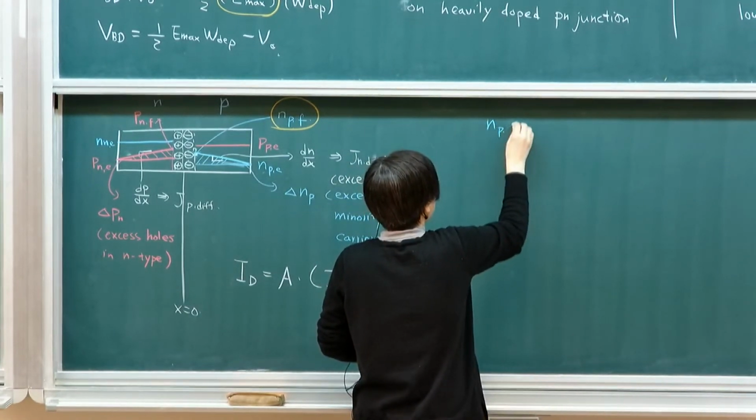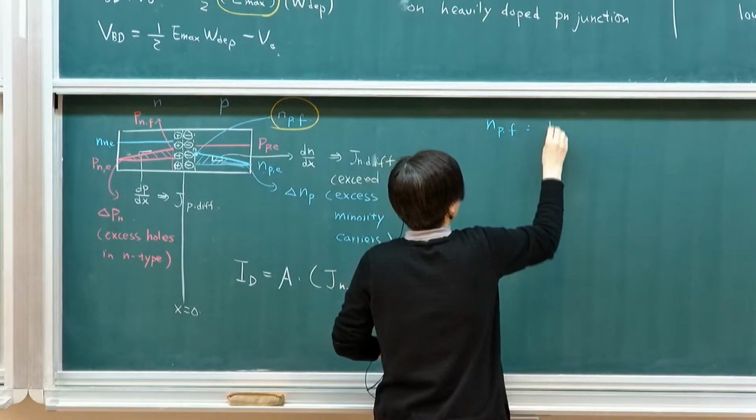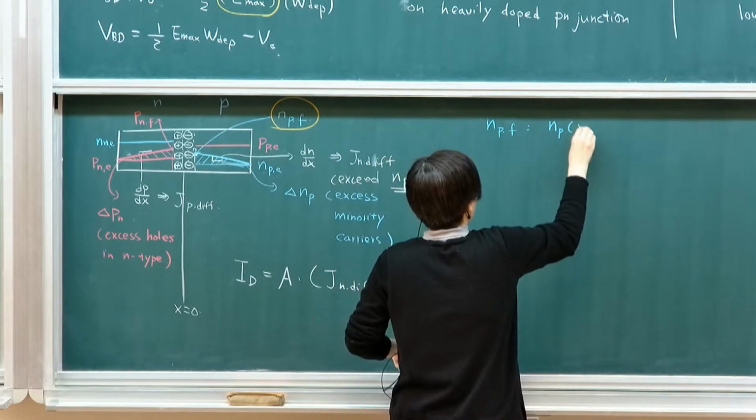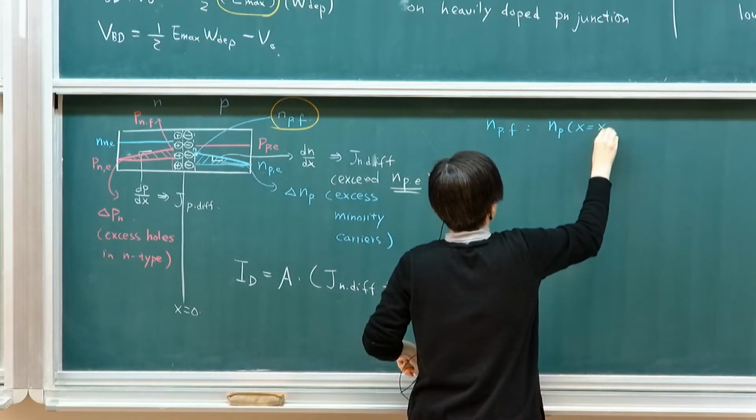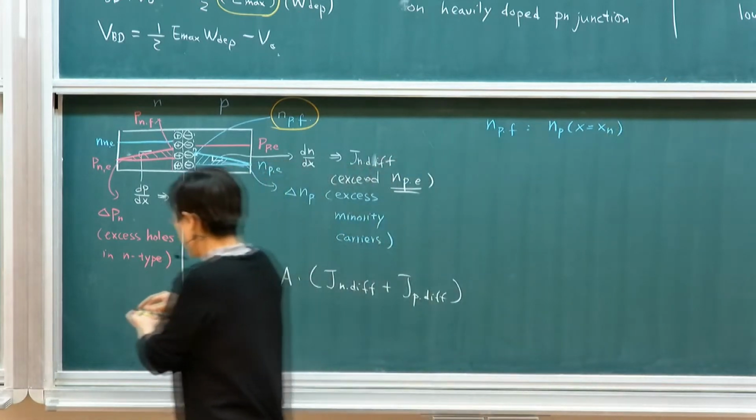NPF is the NP at x equals xn, at this particular border. Let me highlight this.